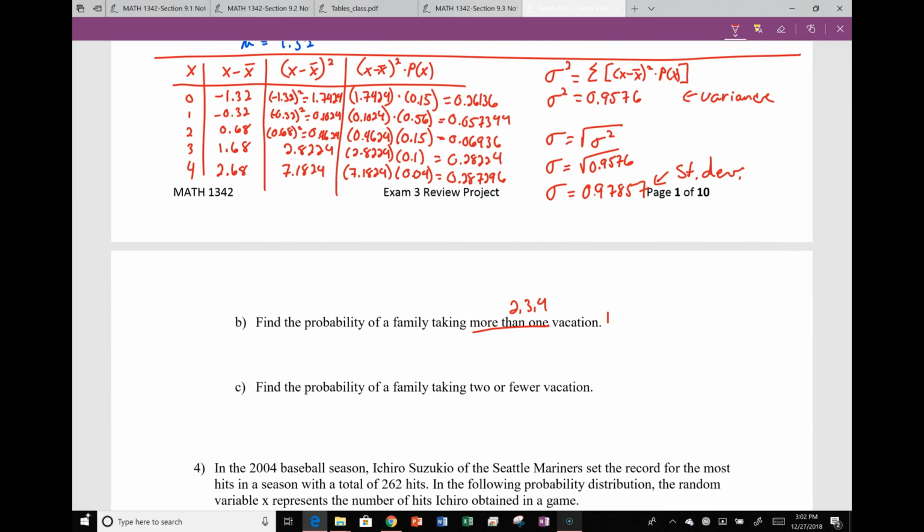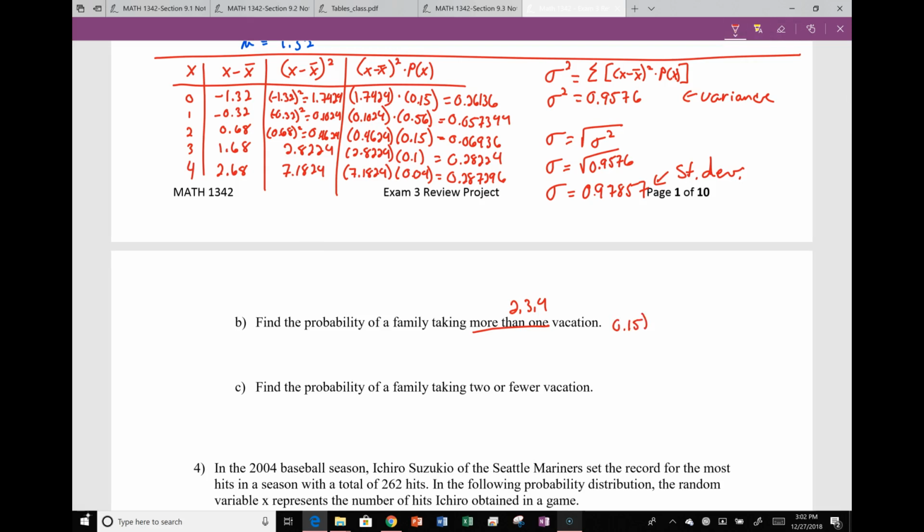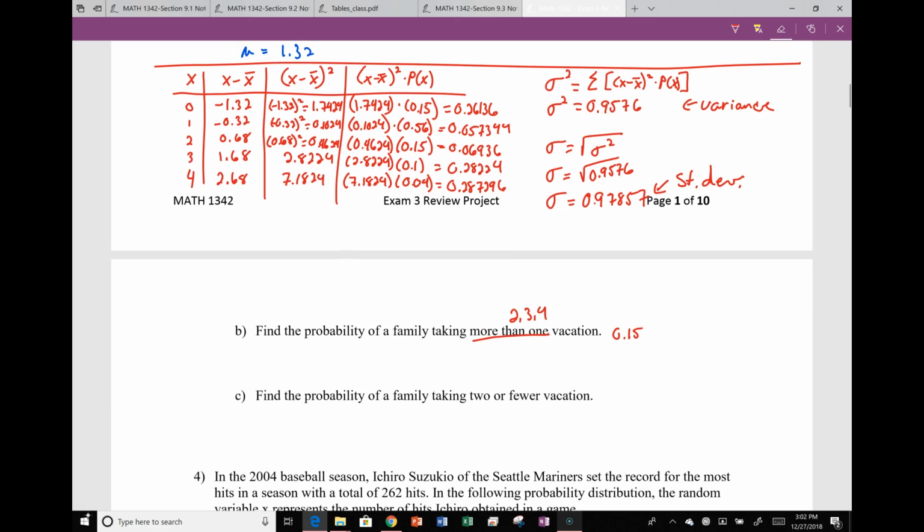So we're going to get 0.15 plus 0.10 plus 0.04. Add this up and it's going to be 0.29. So the probability of a family taking more than one vacation is 0.29.